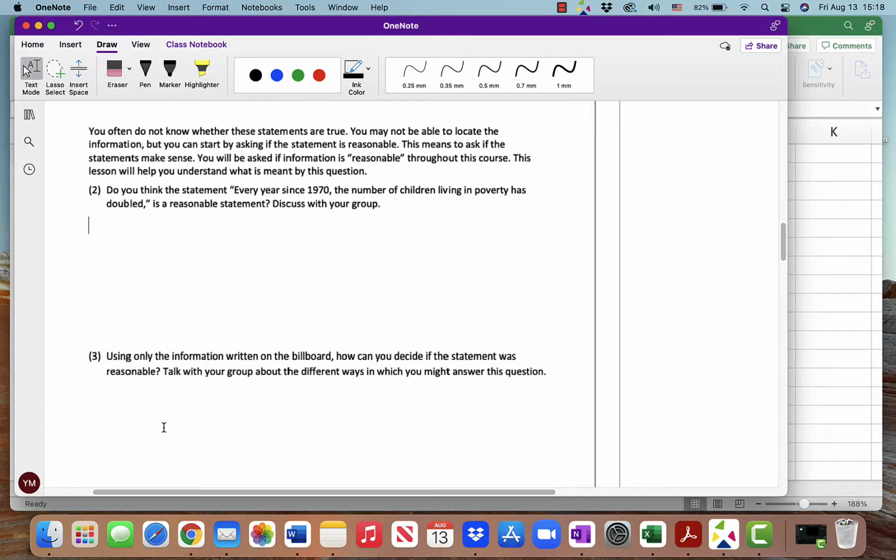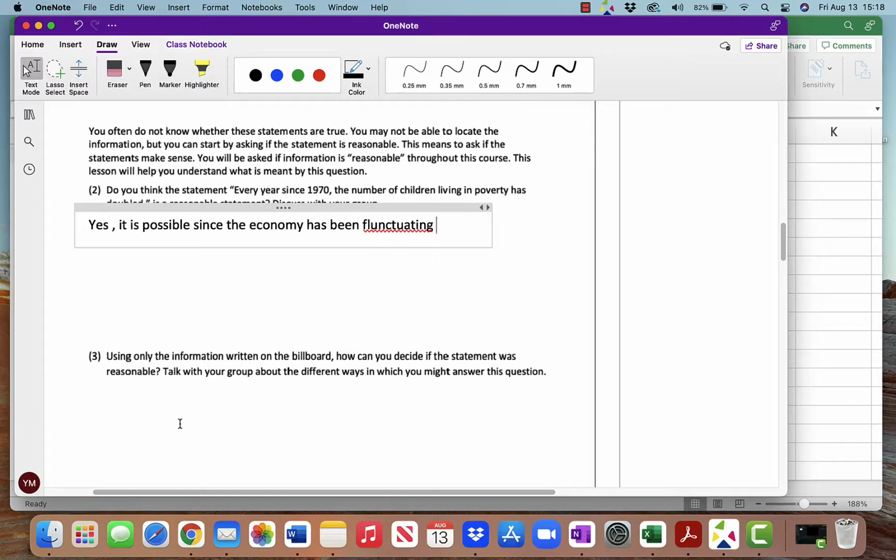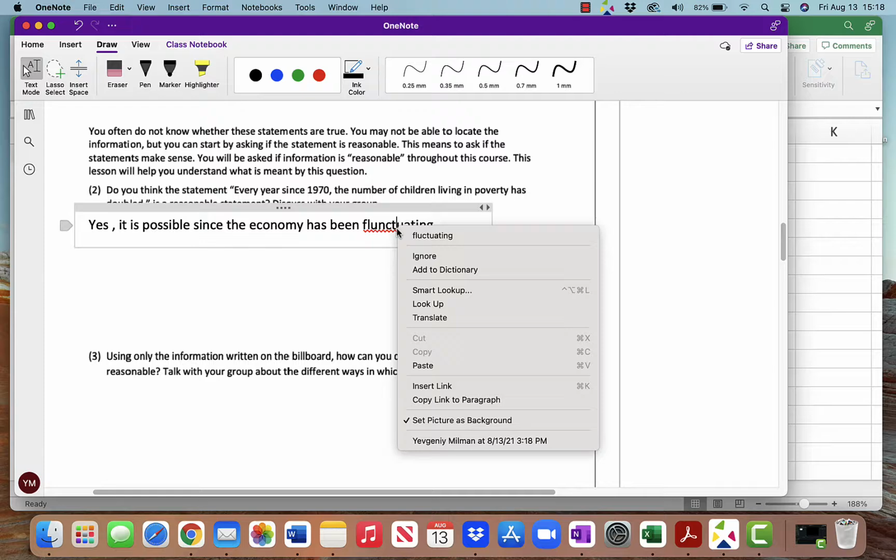All righty, so let's review. You might have written that yes, it is possible, since the economy maybe has been fluctuating through the years.